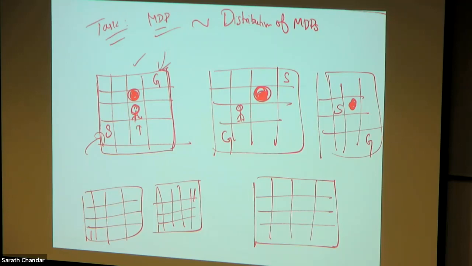Now if I switch things and I'm still here, this network can generalize and say this doesn't have that high value because you are still close to the start state. So you can handle this kind of distribution of MDPs just by having the right representation. That is the first solution.